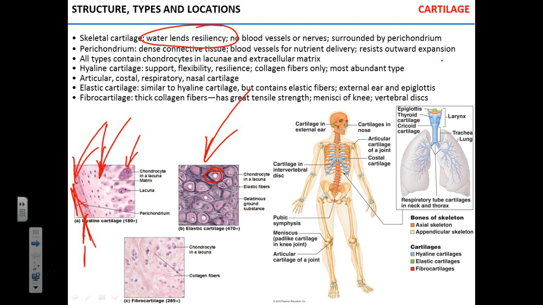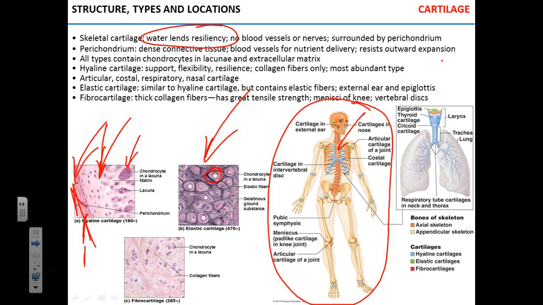There are three major types of cartilage: hyaline, elastic, and fibrous. Hyaline cartilage is the most abundant type in the human body. In the picture of the skeleton to your right, hyaline cartilage is represented with a blue color. For instance, hyaline cartilage connects ribs to the sternum.